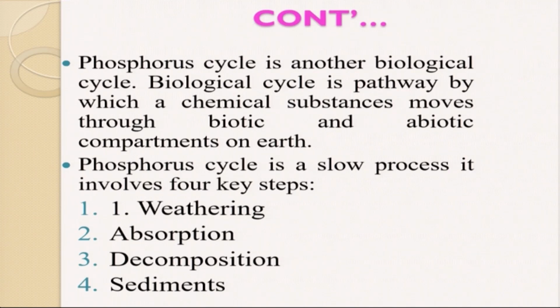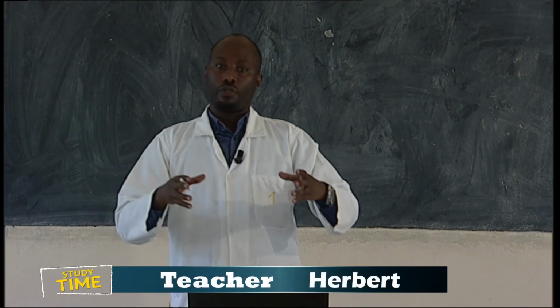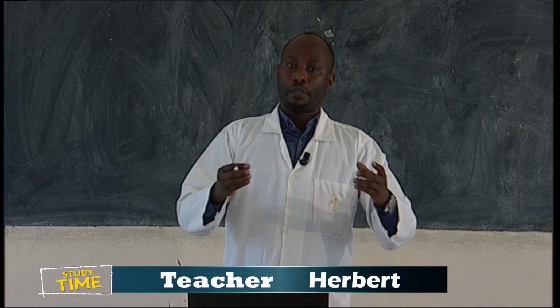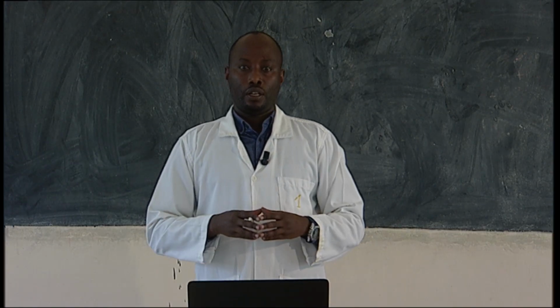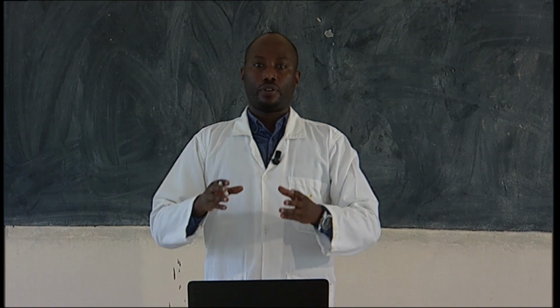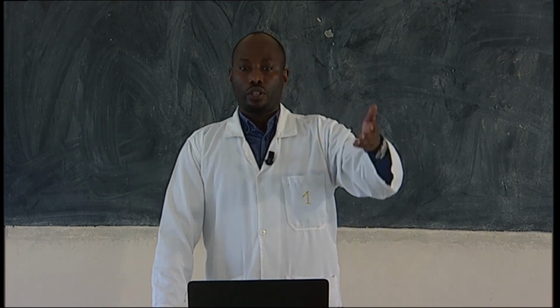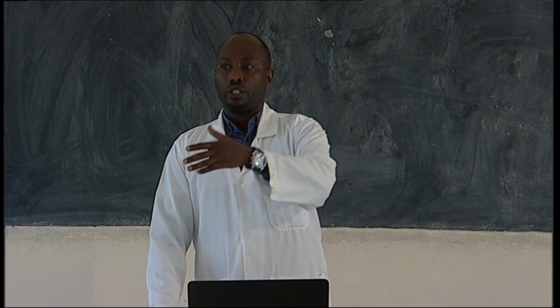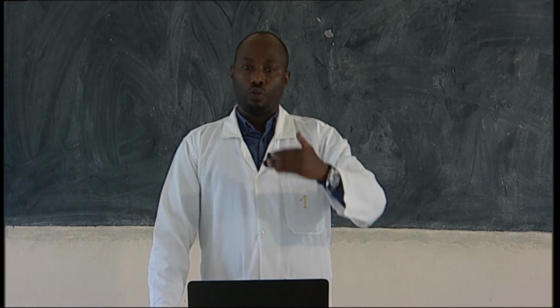Weathering. Most of the time, phosphorus is normally found on rocks, where we find an abundant percentage of it. When it rains, the phosphorus is removed from the rocks and taken to water bodies, even to seas and oceans, because of weathering.